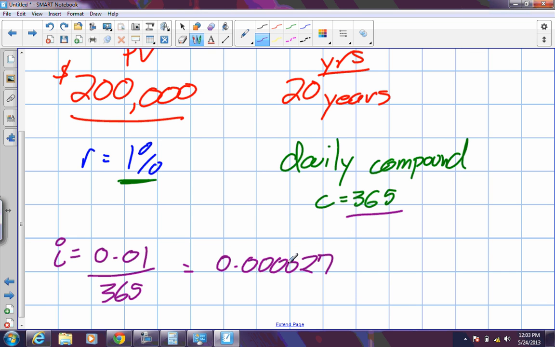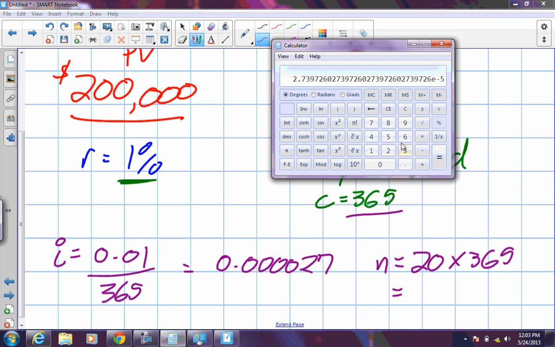But n being the number of periods, we're going to do this for 20 years, and we're going to do it 365 times a year. How many compound periods are we going to end up with here? 20 times 365 is 7,300. So that is many, many compound periods.